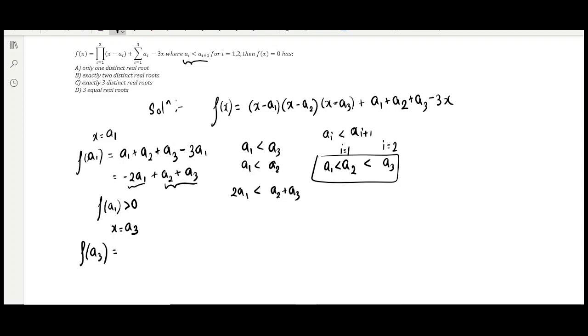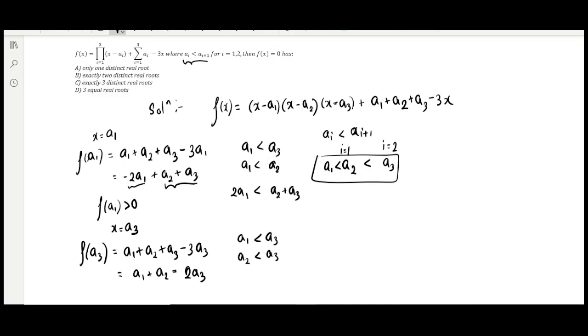So you put x equal to a3 in this equation, right? a3 minus a3 is 0 into anything is 0, a1 plus a2 plus a3 minus 3a3, correct? And this will be equal to a1 plus a2 minus 2a3. By a similar story, we can easily prove that a1 plus a2 is less than 2a3, because a1 is less than a3 and a2 is less than a3.